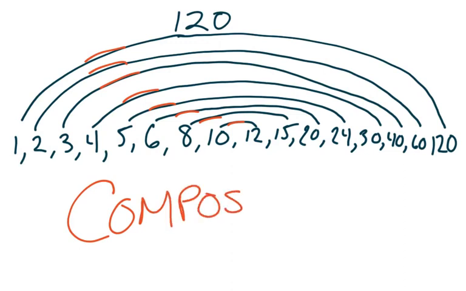The point that I wanted to make here between 120 and 10: 120 has a ton of factor pairs, 10 has 2. Just because 10 has fewer factor pairs or area models than 120 does, doesn't mean that they're called something different. They are both composite numbers because they have more than one factor pair or more than one distinct area model.